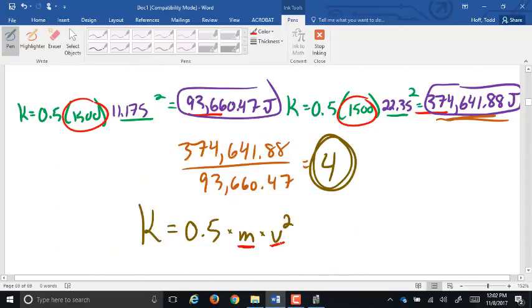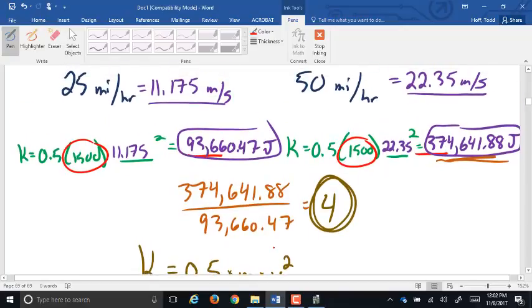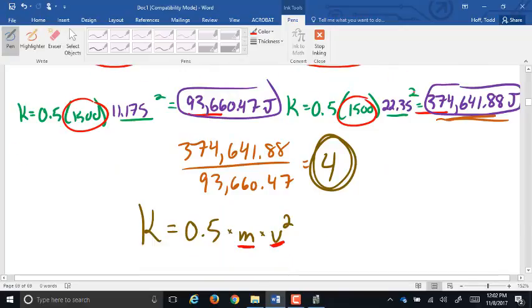We changed the velocity. And what did we do to the velocity? We doubled it. So that would make sense that something would double. Only the problem is this isn't a linear relationship. It is velocity squared. What's 2 squared? 4.